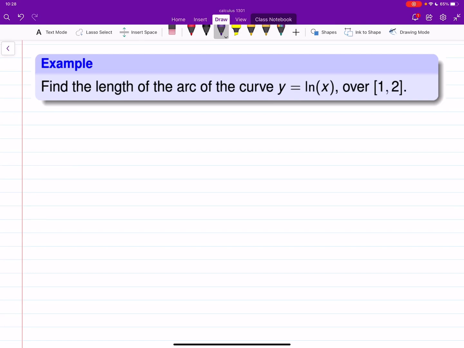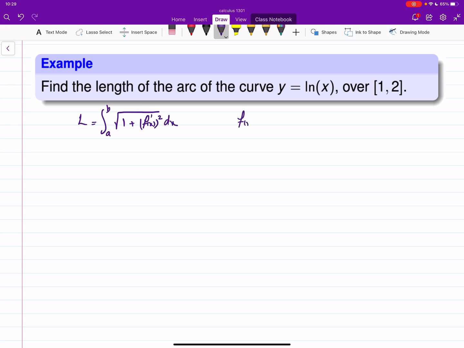Hello everyone. In this video we will do an example of finding arc length of a curve defined by a function. Remember that the arc length of such a curve is given by the integral from a to b of the square root of 1 plus the derivative of the function squared, dx.